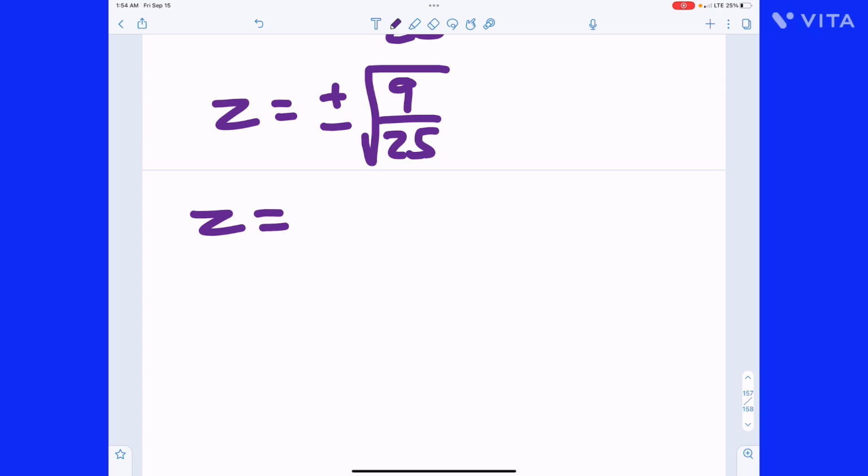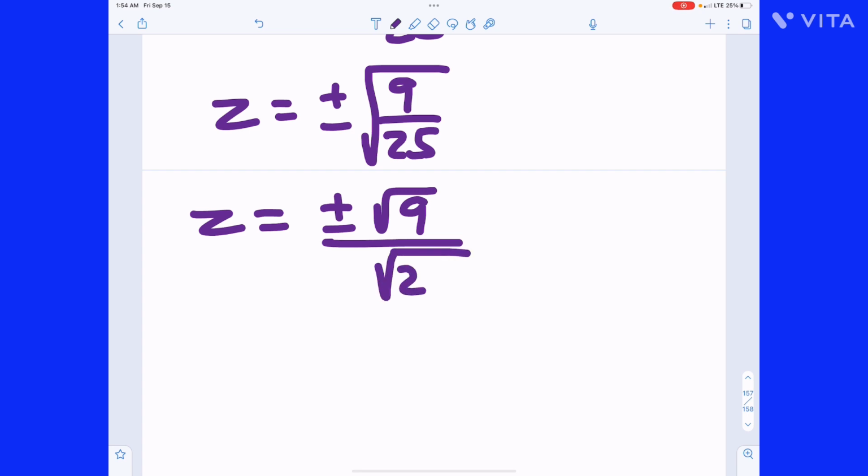So z is plus or minus root 9 over root 25. Root 9 over 25 is the same thing as root 9 over root 25.